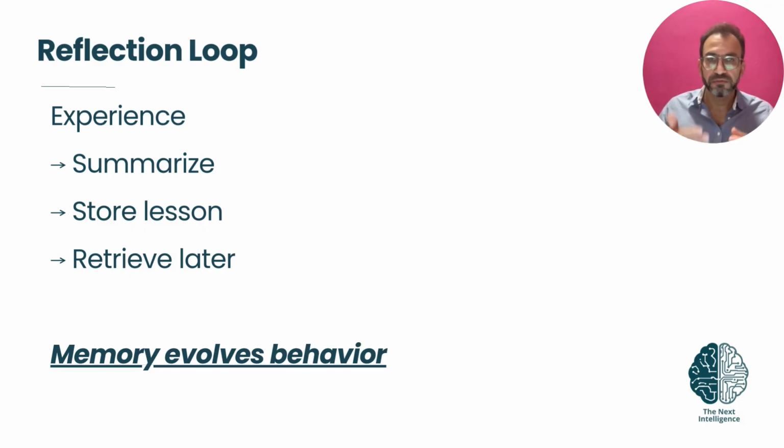From there, we have the experience, and the agent will summarize that experience and write it back from the short-term memory to the long-term memory, to the episodic memory, as a lesson learned that will be retrieved at a later stage in another session. That is how we see the memory evolving, and it influences the behavior over time.